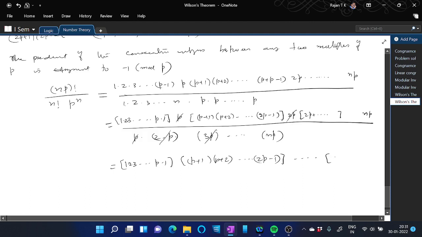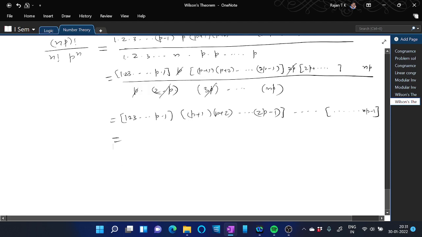Similarly, there will be something like np minus 1, np minus 2 backwards, that bracket will be there. And this is actually a product of n products.